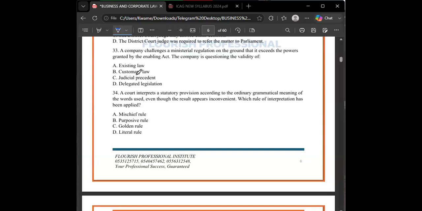So since the act has given them the power to oversee issues, they've been delegated by parliament. So any legislation they make becomes a delegated legislation.